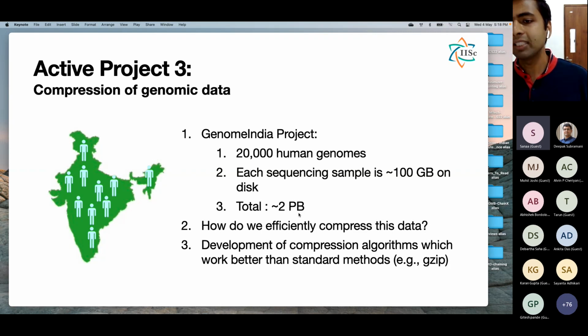The algorithms that we develop are domain specific, and use domain specific properties of this data. For example, one obvious property is that DNA sequences only consist of 4 letters: A, T, C, and G. So it's not general English text. It has a special structure in the data, which we have to use to develop better compression.